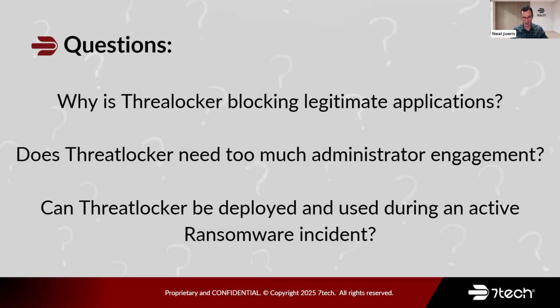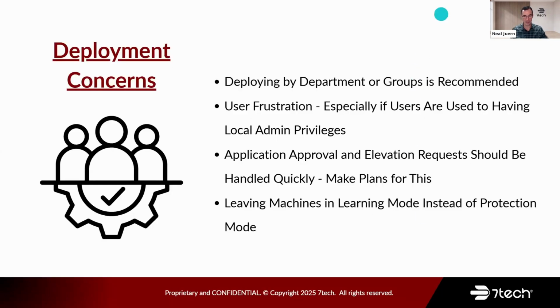So moving on. Deployment concerns. This is the way we do it. I'm sure there are other ThreatLocker partners that maybe do it a little bit differently, but we like to deploy by department or groups. Especially if you're brand new to this and you're going to do a proof of concept and you're saying, hey, I want to try this out, how would you do it?